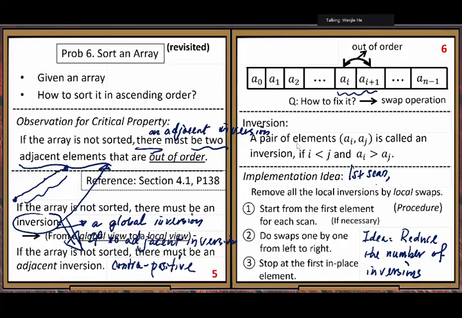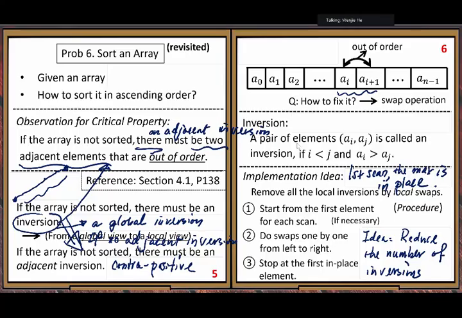So after the first scan, the max is in place. No matter what location it has, we keep pushing the max to the end.